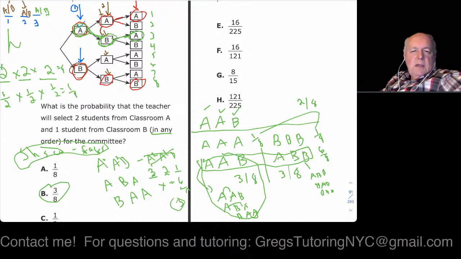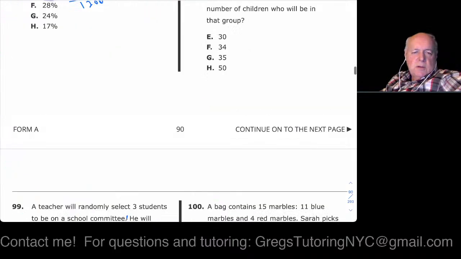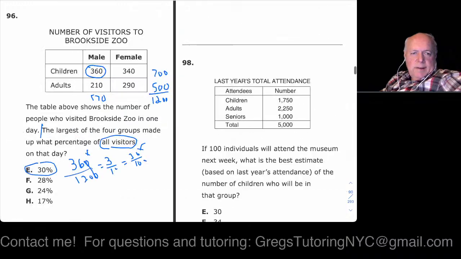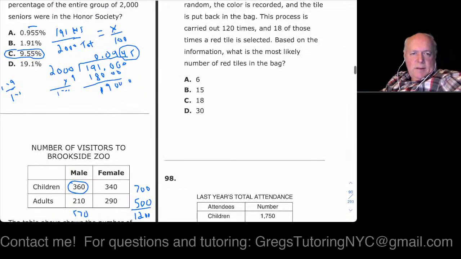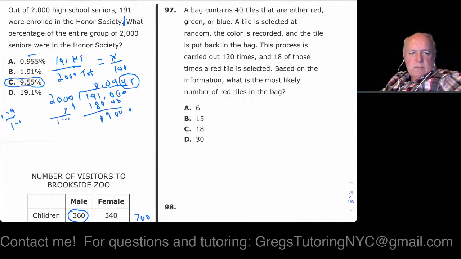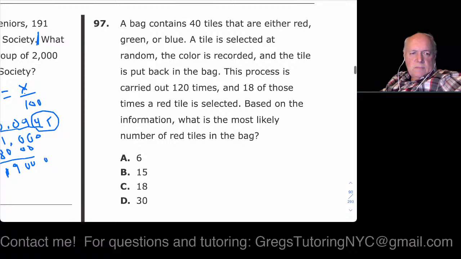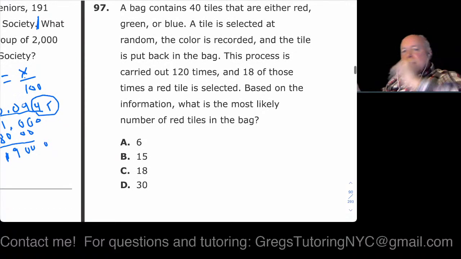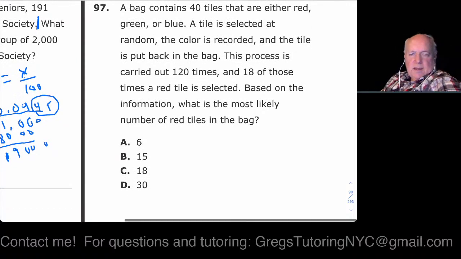All right, so I believe the last question I did was a few pages back. Oh, it's right here, I guess. It says 97. A bag contains 40 tiles that are either red, green, or blue.